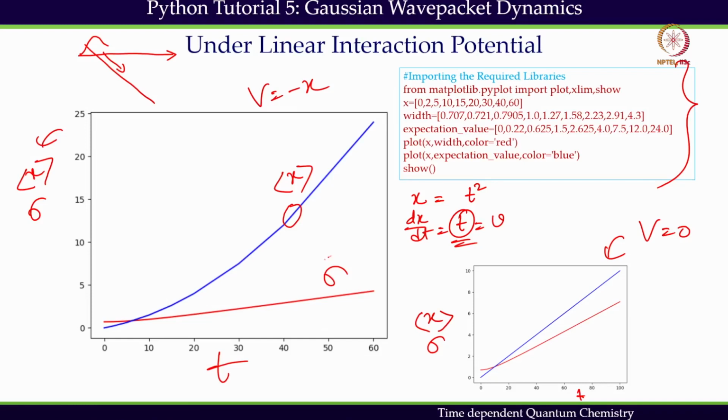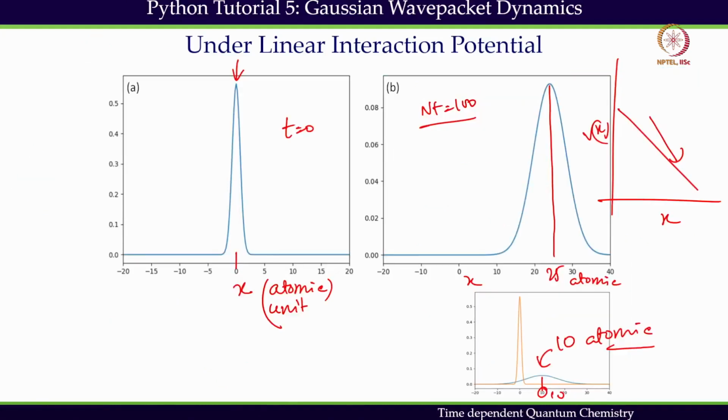And sigma also is nonlinear, and it is also spreading out. So the one similarity between the zero interaction potential and the linear potential problem is that both are spreading out. Here the width and here the width are different. Both are spreading out, but in zero interaction potential its velocity was constant, but the particle experiencing a minus x kind of linear potential is accelerating.